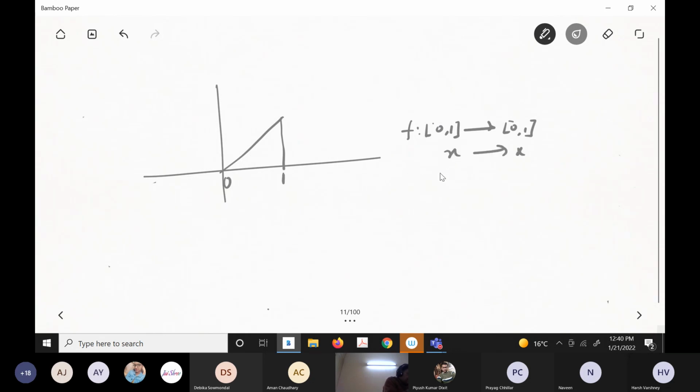Similarly, you can have this. If you want to extend to the whole of R, this is a basic technique. I can make this constant, and here I can make this constant. That way, it will be a map from R to R, and it will be a continuous map like this. So if you can answer these questions on the interval, then by extending you will get that. So you should be able to do that.